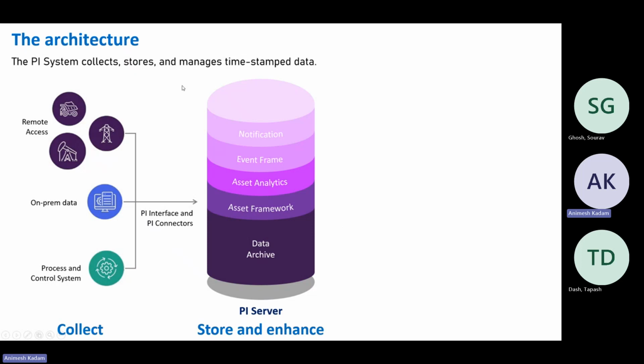You can consider this part, from here to here, as information stored inside the SQL server. Some configuration of the PI data archive is stored inside SQL, and all the data and tag related information is stored inside the data archive in file format.